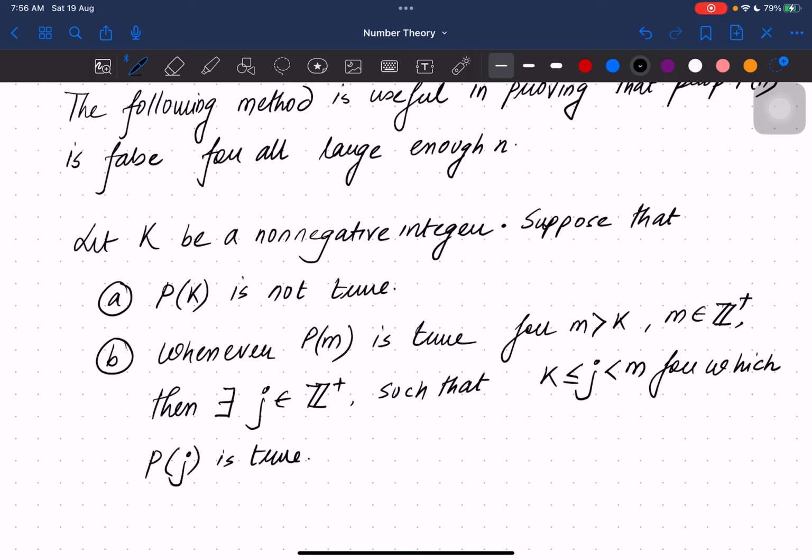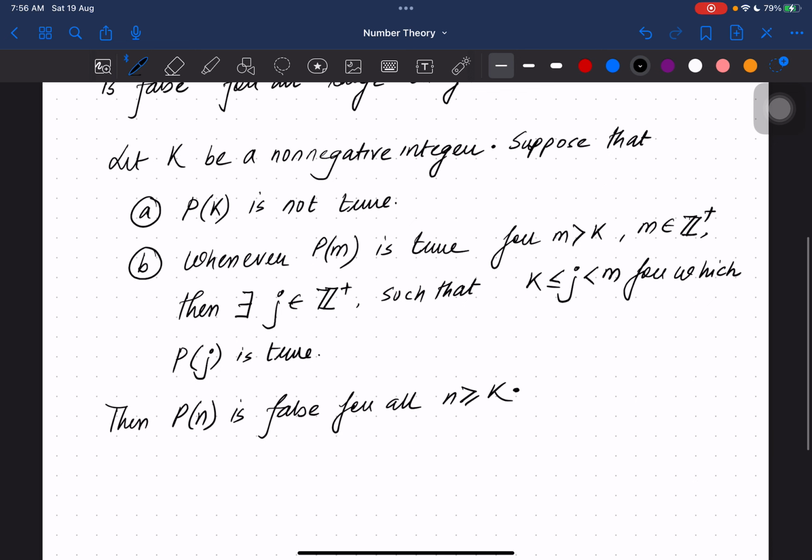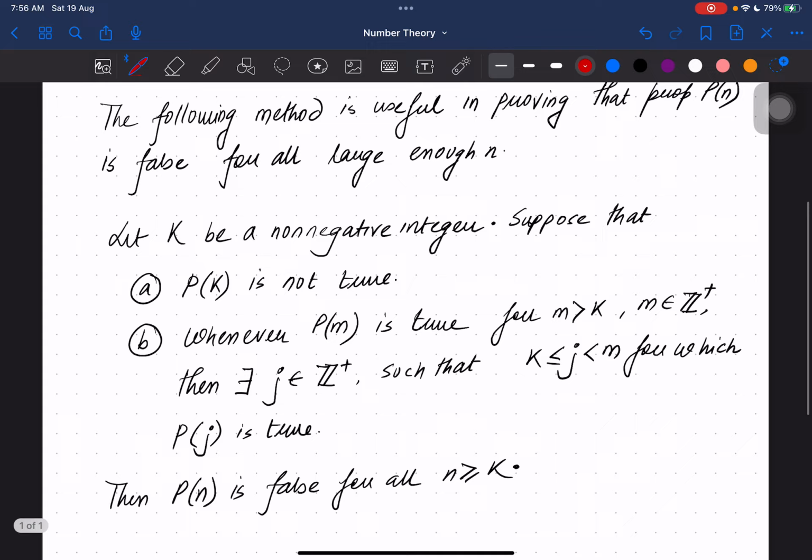If these two things hold, then we can conclude that Pn is false for all n bigger than or equal to k. So more or less this is the method.